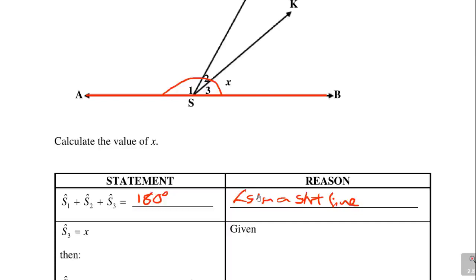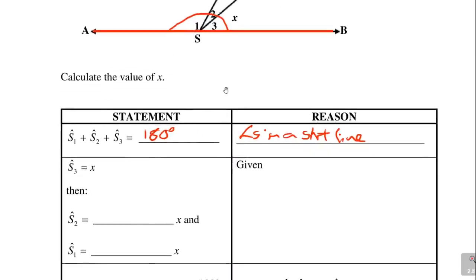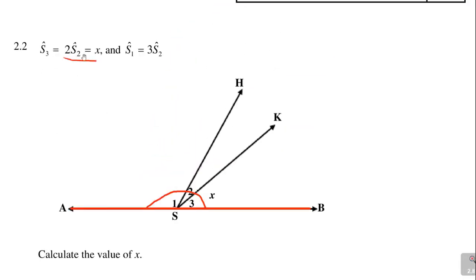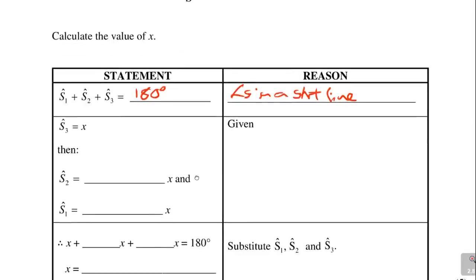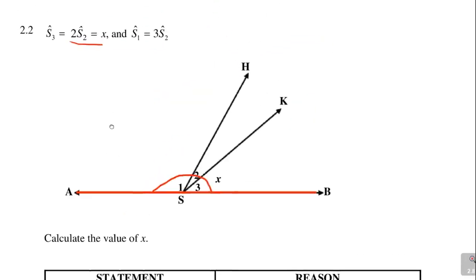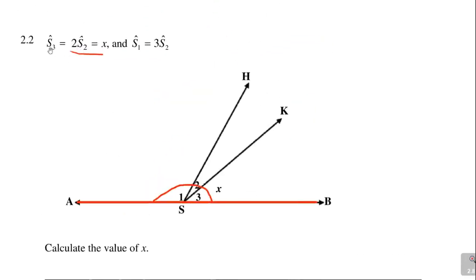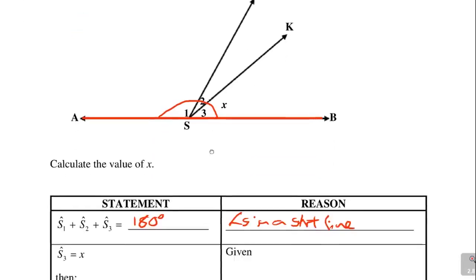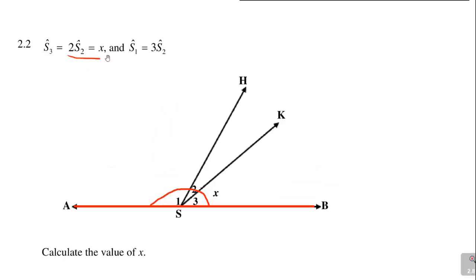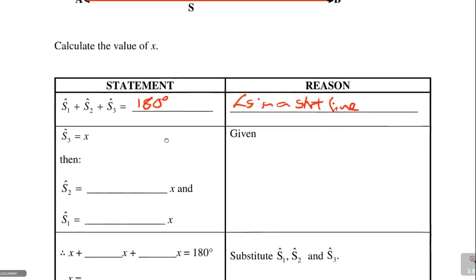That's the first part. The second part, they're saying S3 is equal to X. They gave us that. Okay, S3 is equal to X is given. Then S2. Look at S2. They told us S3 is 2S2. And then 2S2 is equal to X. So we have a statement to say S3 is equal to 2S2.